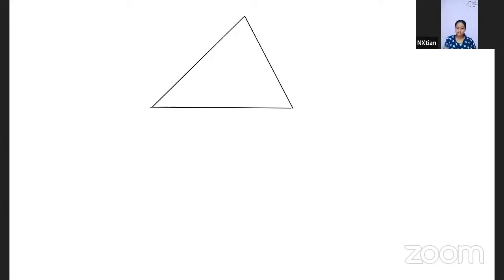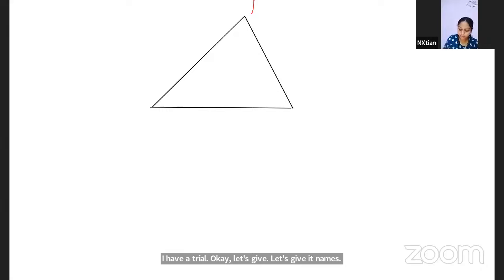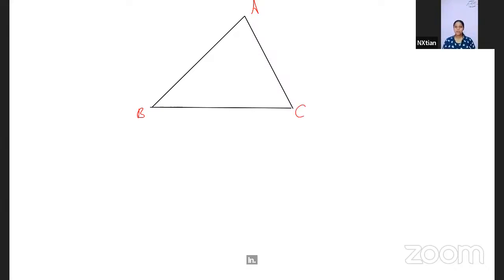Let's give it names. Let's name the vertices A, B, and C. All three are vertices, the points of the triangle.